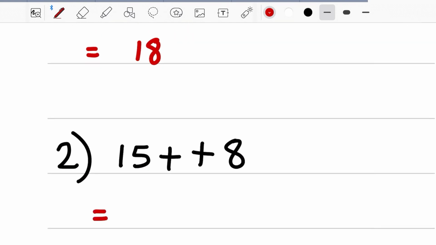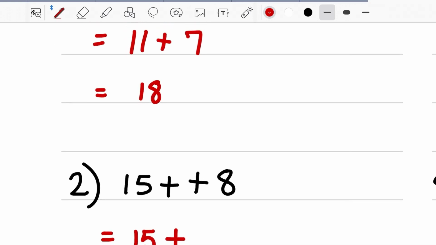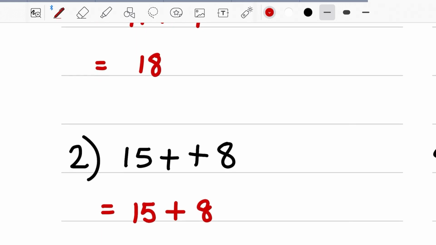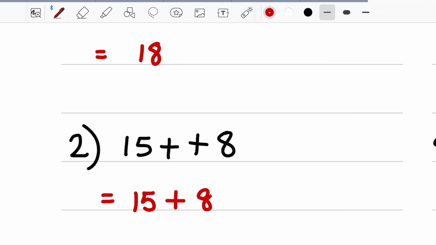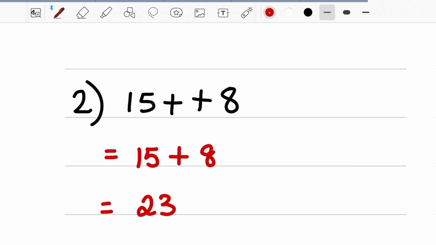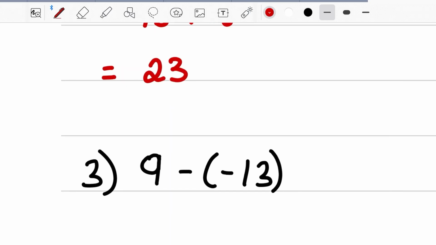For question 2, we have 15 plus plus 8. So again, the signs are the same, so it evaluates to a plus sign. And 15 plus 8 is 23. For question 3, we have 9 minus minus 13.